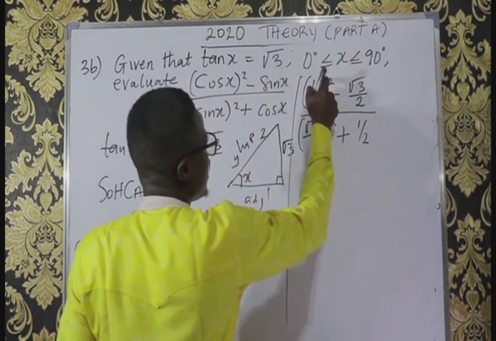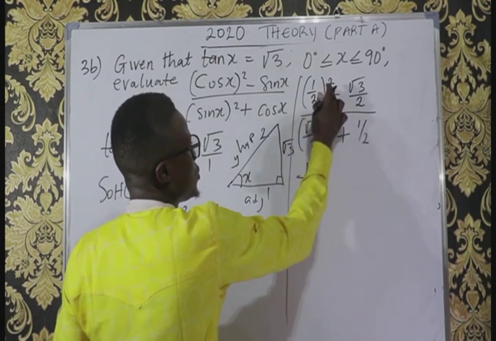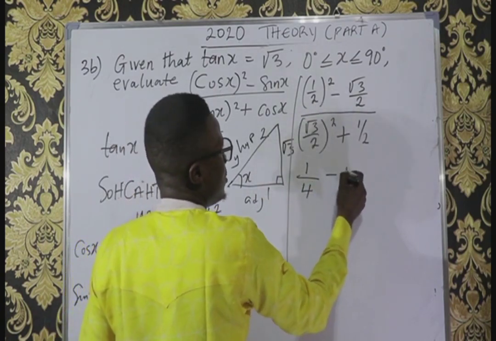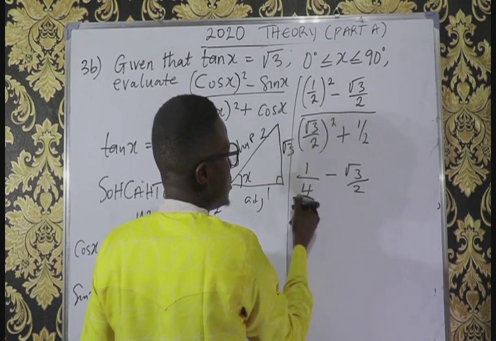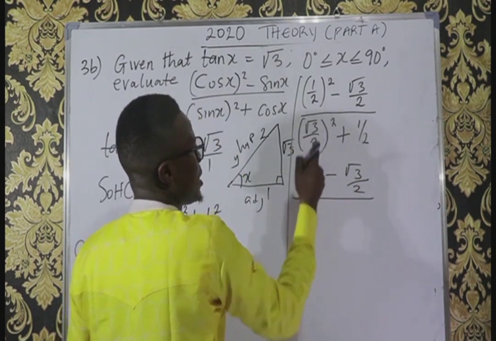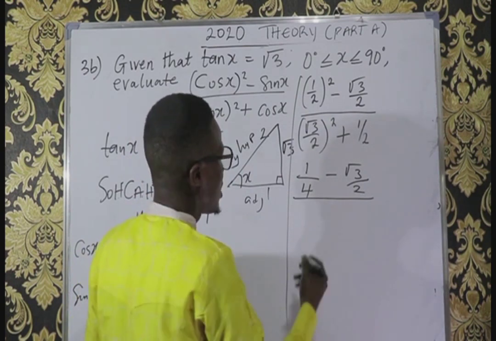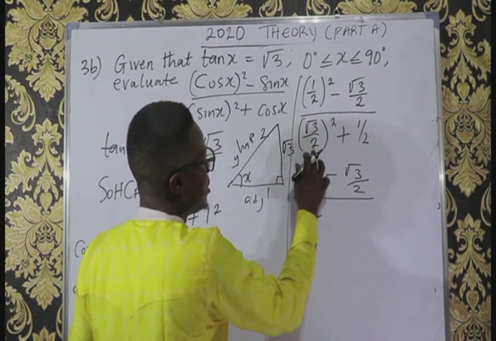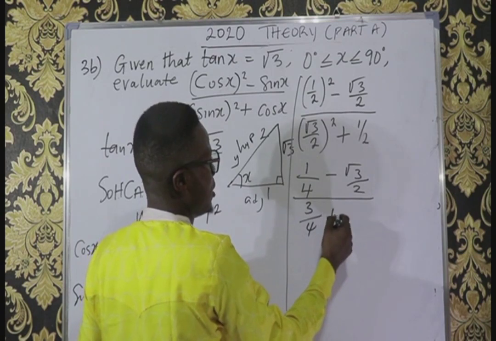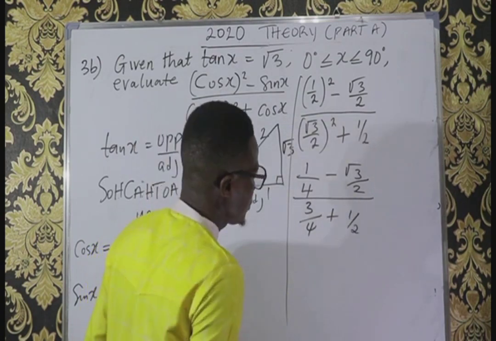Now, 1 squared is still 1, over 2 squared is 4, minus root 3 all over 2, over root 3 squared is root 3 times root 3, which is square root of 9, and square root of 9 is 3, over 2 squared is 4, plus 1 over 2.